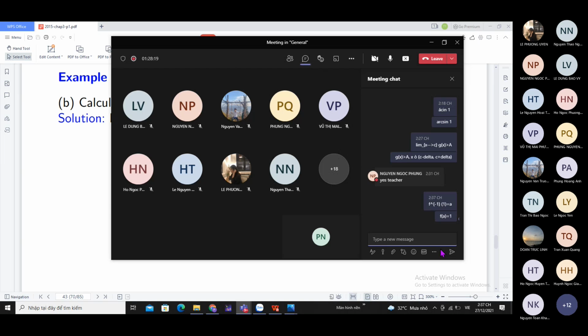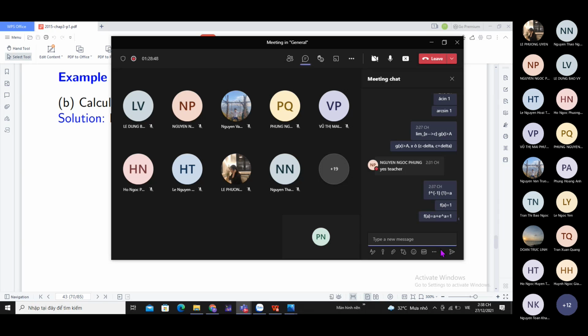F of x is given by x plus e to the x, and that's why f of A gives you A plus e to the A, right? That's why we have to determine the number A. So that's A plus e to the A equals 1.